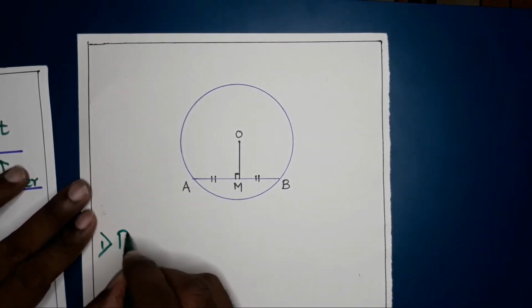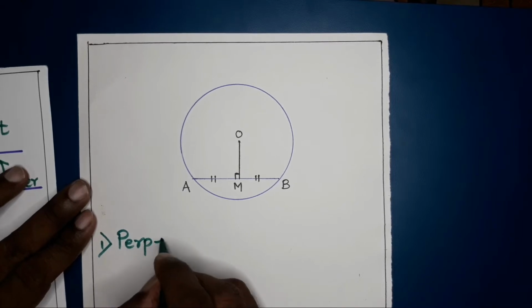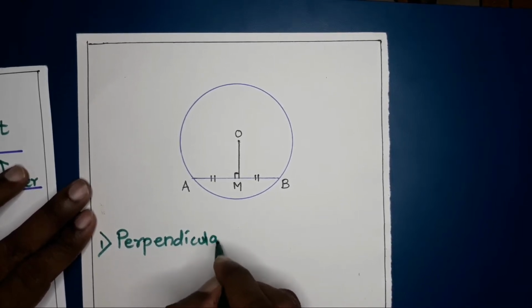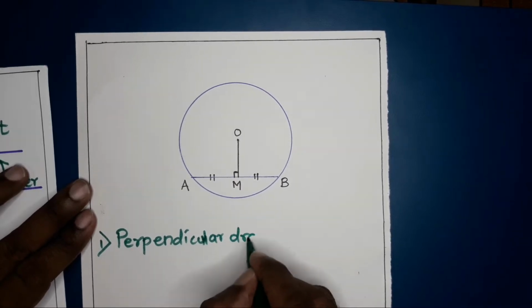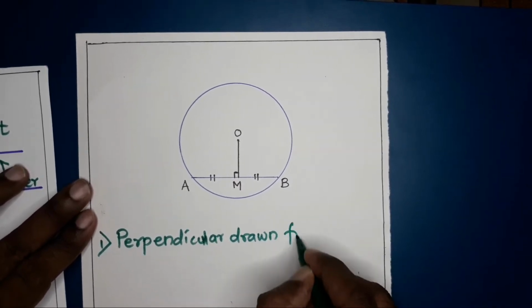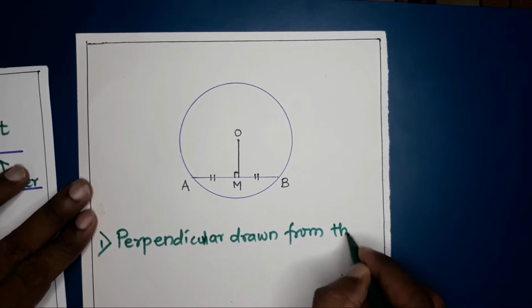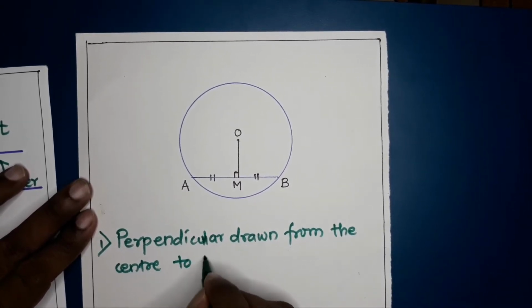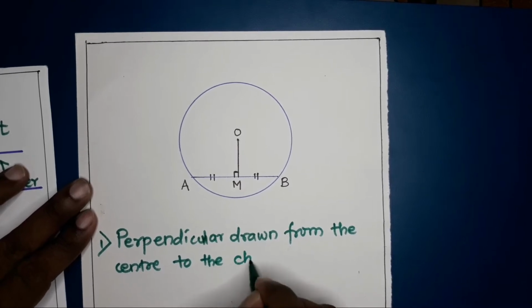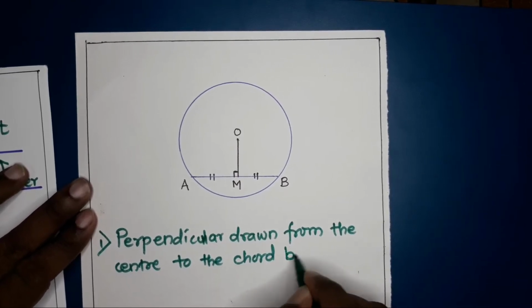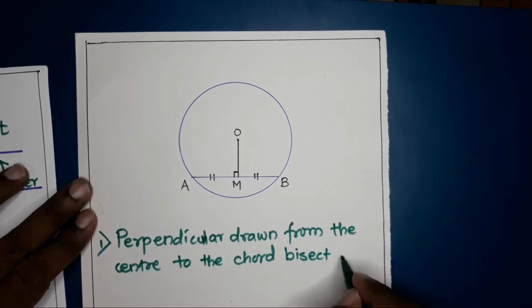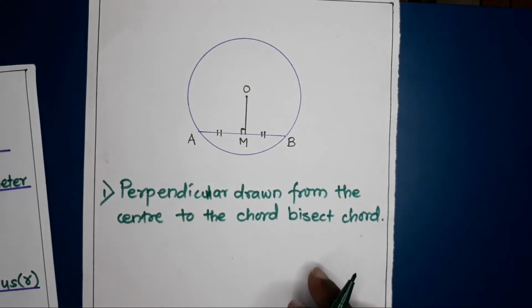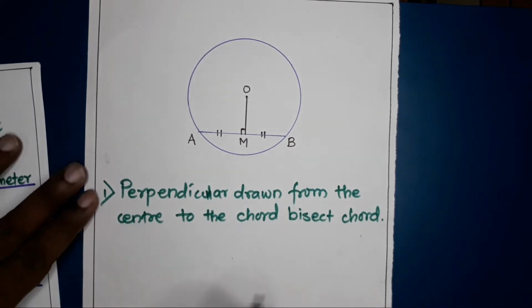Means perpendicular drawn from the center to the chord bisects the chord. Let us interpret it mathematically.